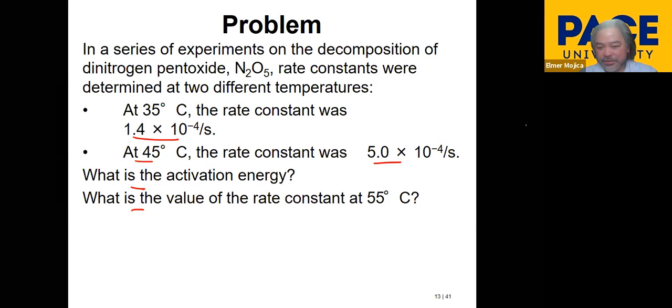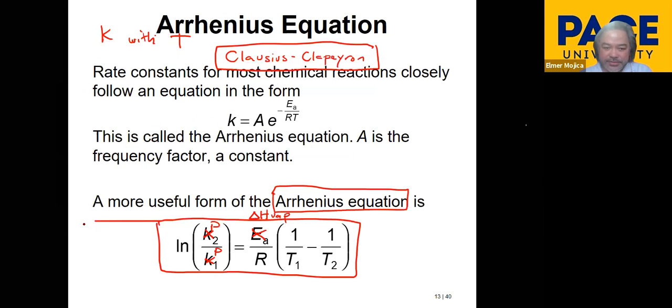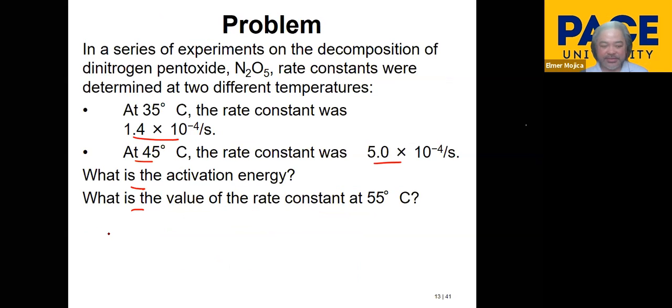So if we follow the equation that we have here, all we need to do is what? Replace whatever values are given there. So maybe I put here 5.0 times 10 to the negative 4 per second, divided by 1.4 times 10 to the negative 4 per second. And then the one that I'm looking for.